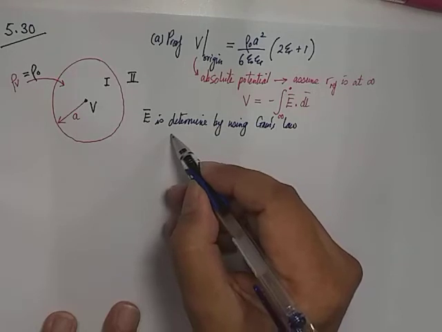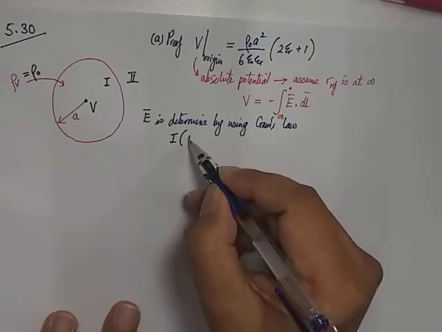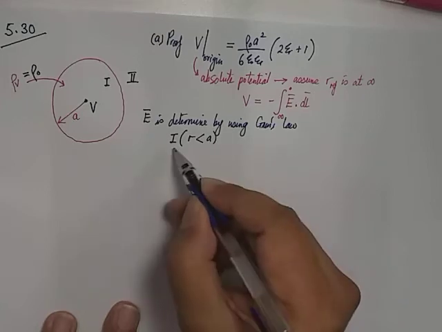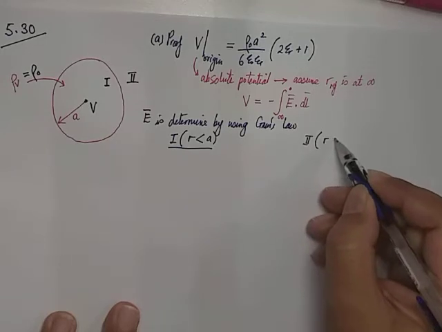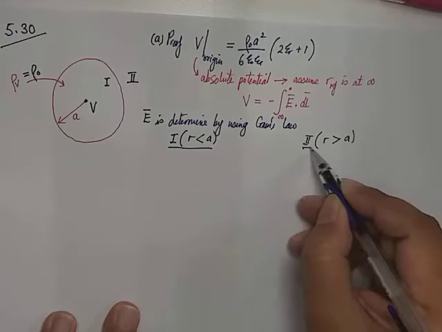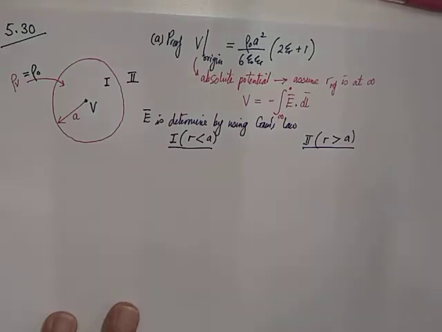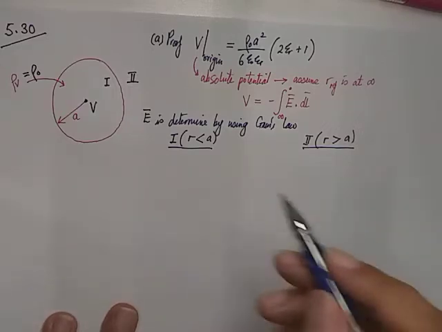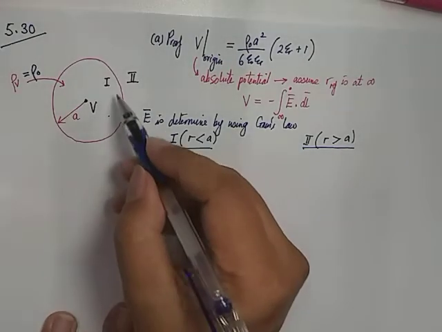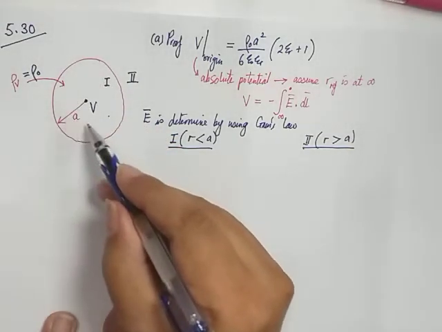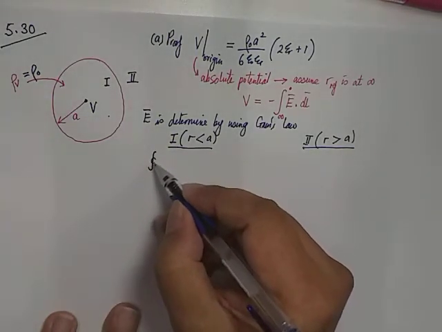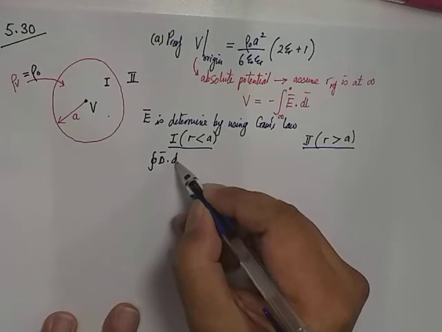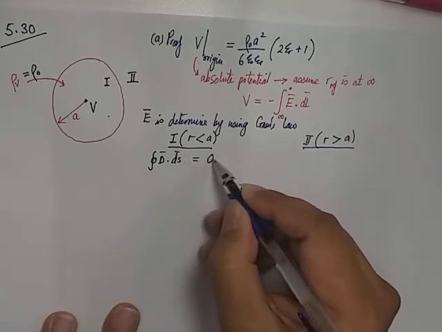Okay, region number 1, which is r smaller than a, and region number 2, which is r greater than a. Those should be my two regions of interest. Now I'm going to focus on region number 1. By placing my Gaussian surface as shown by my hand movement here, I can say D dot dS equals Q enclosed.